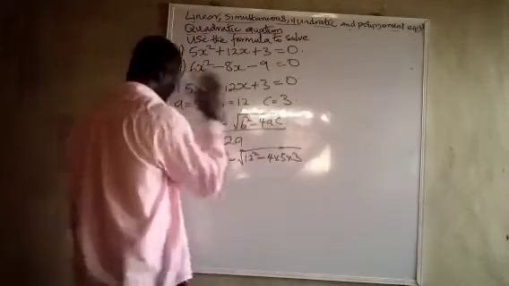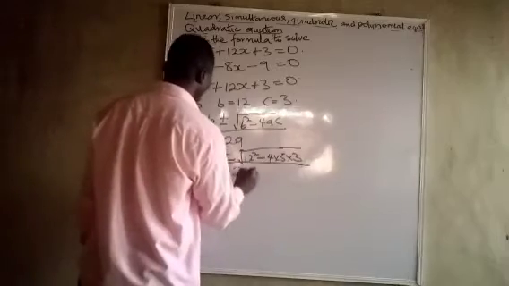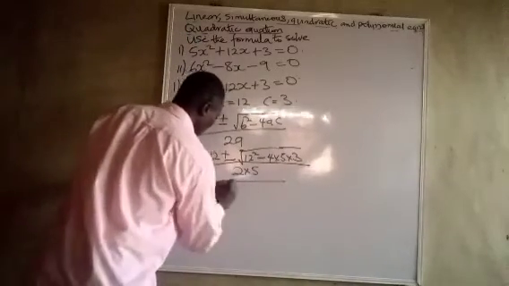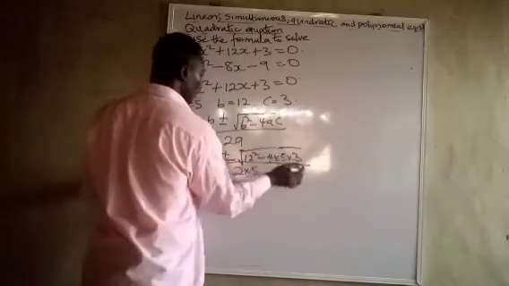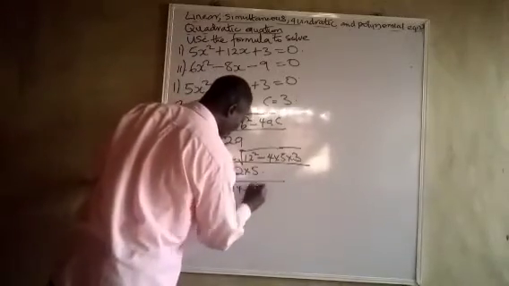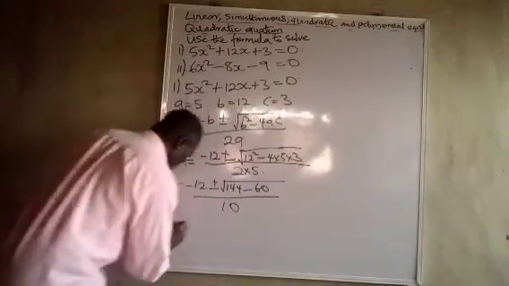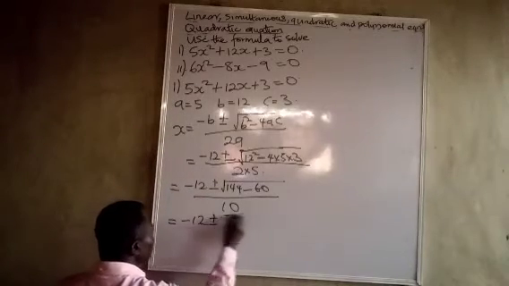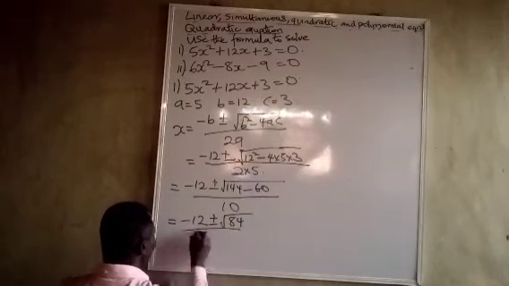Please, the sign must always be put into consideration. Over 2 times 5. And that is minus 12 plus or minus square root 144. This is 20. So that is 60. Minus 60 divided by 10. So what does that give? Minus 12 plus or minus root 84 divided by 10.